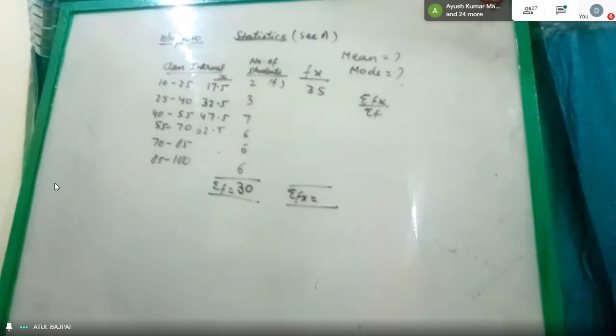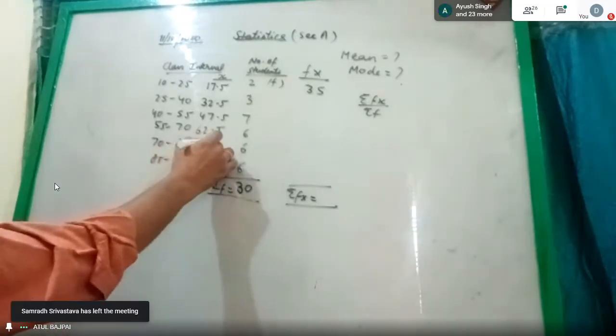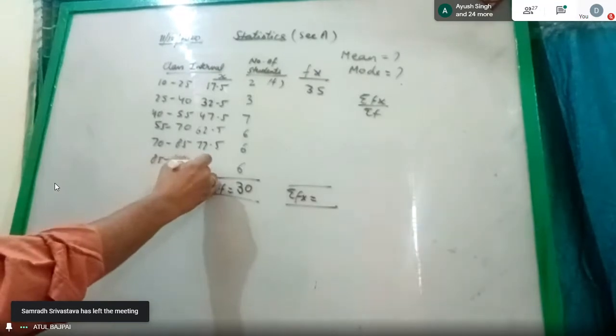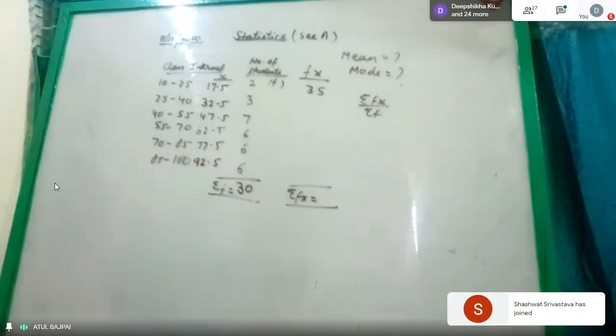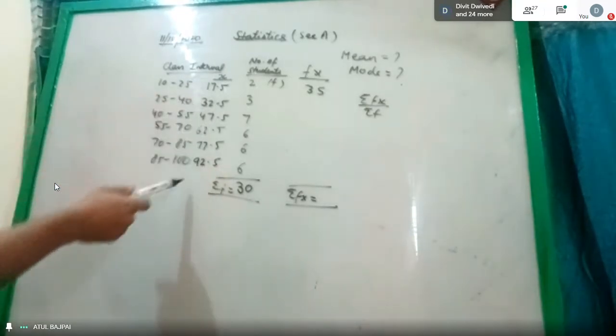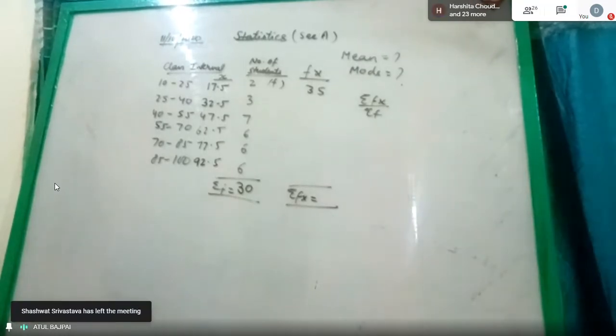Then next one, 77.5. Then 92.5. Yes, difference of 15. See the difference. If you do it in a hurry, this might get 0 marks also.